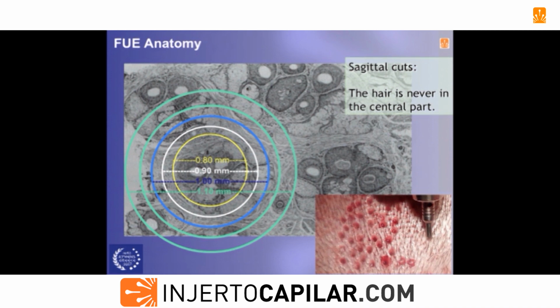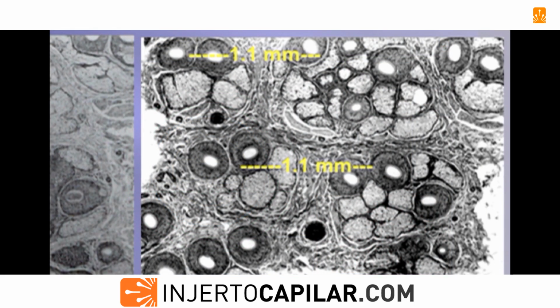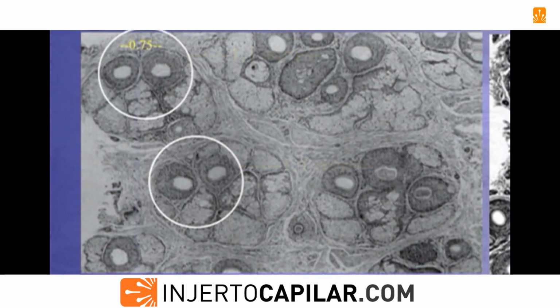The right sagittal cut is selected by the punch diameter. The gap in between hairs for a normal 70 units per square centimeter density is 1.1 to 1.2 millimeters. But if we see a transversal sample of the follicle in a microscope, we observe that the hair is never located in the center of the unit.